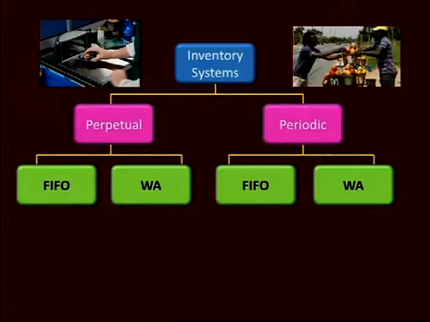And there is no hard and fast rule that says, okay, stationery shops should use FIFO and vegetable shops should use weighted average. A business has to decide which is going to work best for them, and then they have to stick with that. And if they want to change, it would be important for them to disclose that in their financial statements.